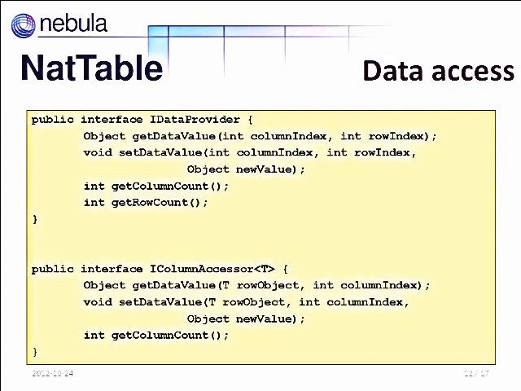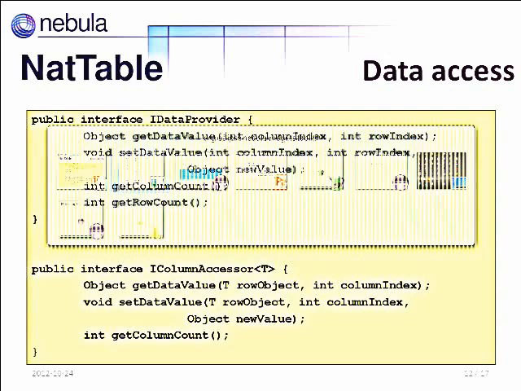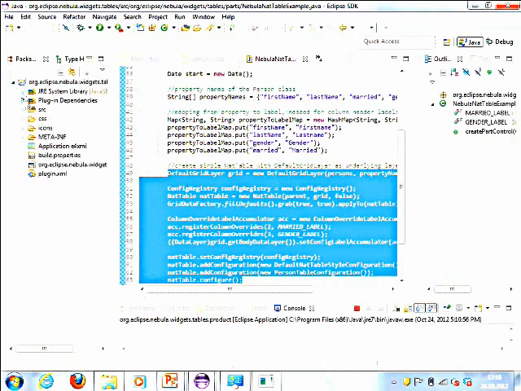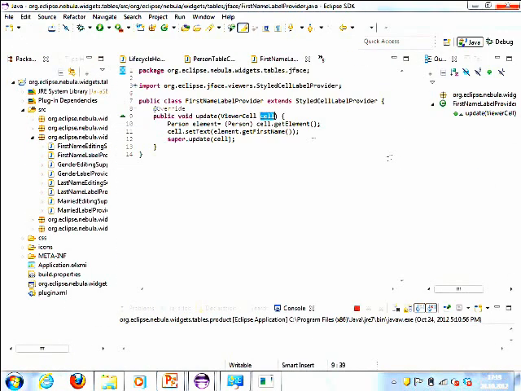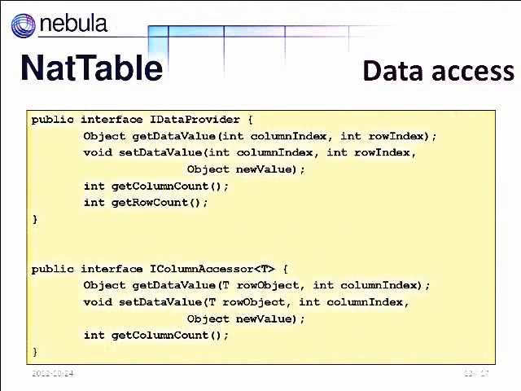So here I want to show the interfaces for an IDataProvider and the IColumnAccessor. As you can see here, the IDataProvider is the data provider which knows both axes. So you can go by column index and row index, so you can walk down the table. I created my own implementation of IDataProvider for the risk matrix I showed before in the examples.